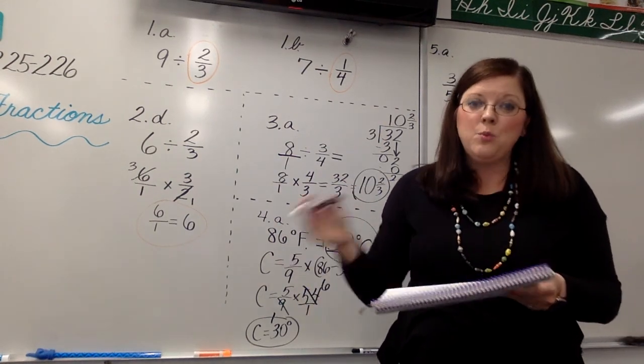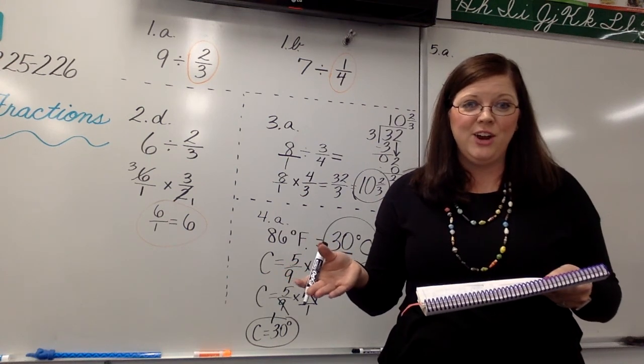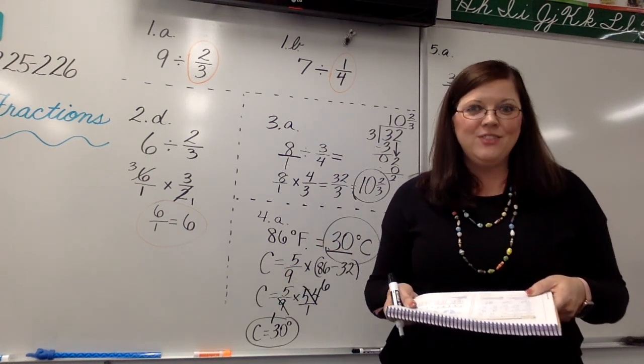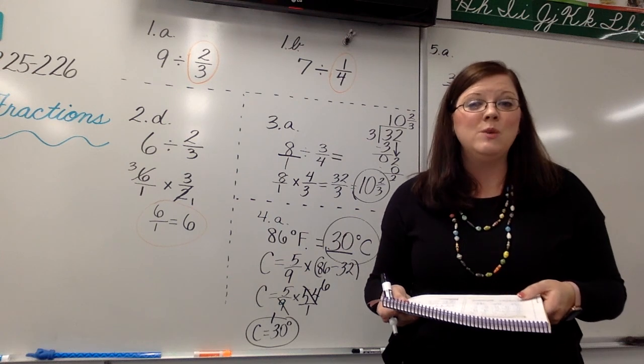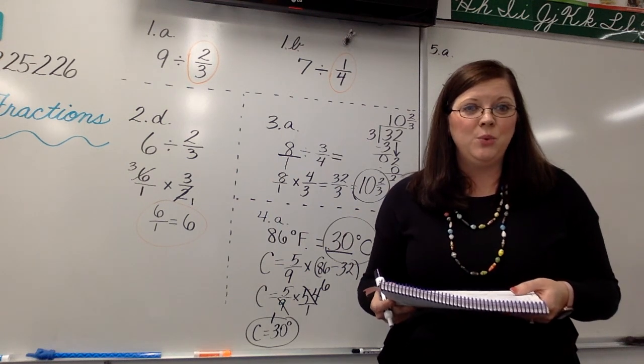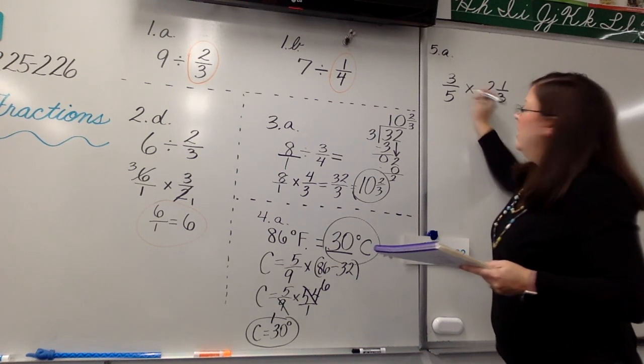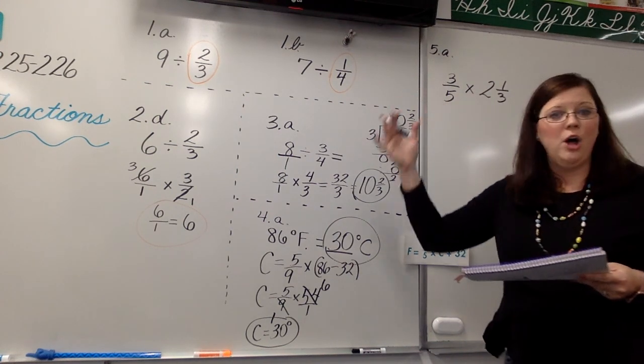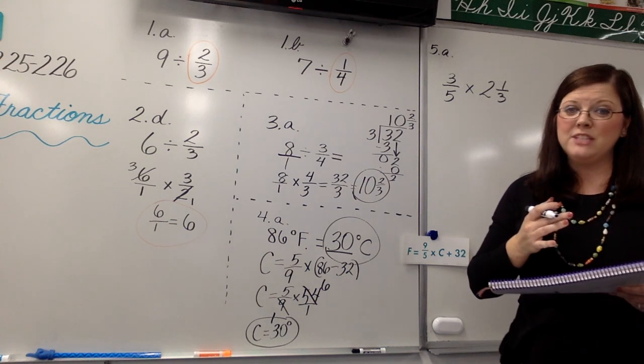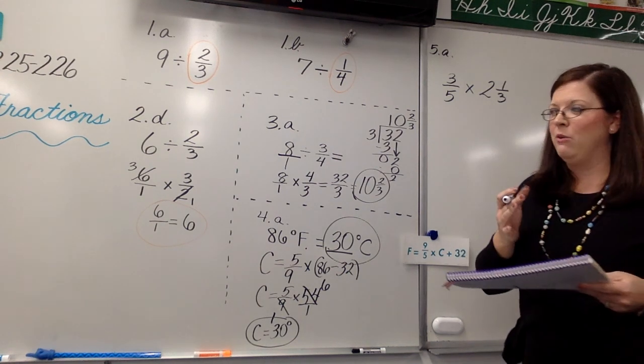The key word tells us what process we're going to be doing here. Did you hear and see the key word? It was of. Of tells us to do what? Multiply. Remember, check your yellow spiral. We have all of those special words that we've talked about thus far in that yellow spiral.